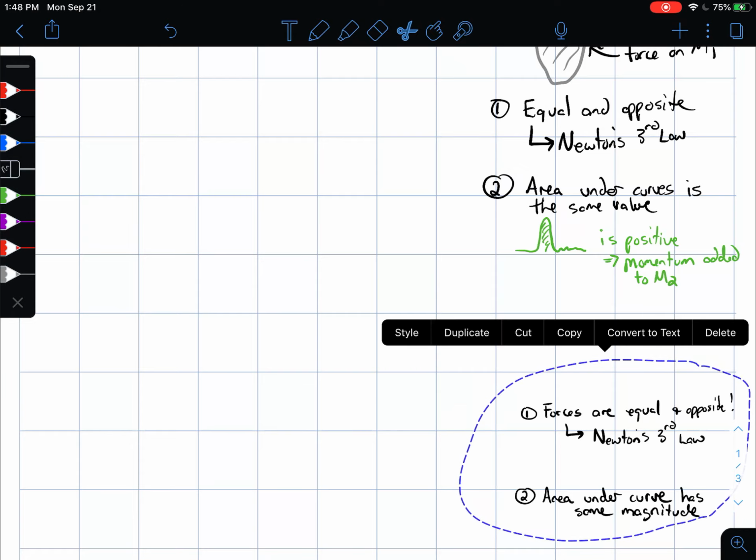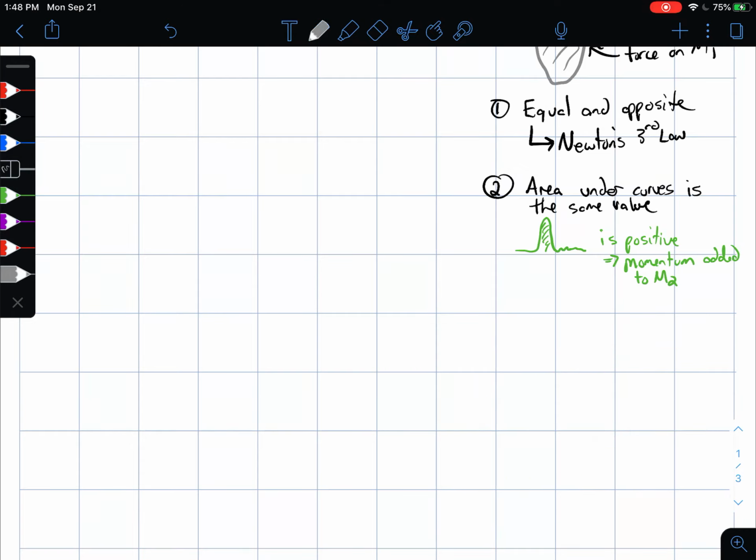It's not needed anymore. And the gray curve corresponded exactly. And the area under this is negative. And what this means is that momentum was taken from M1.